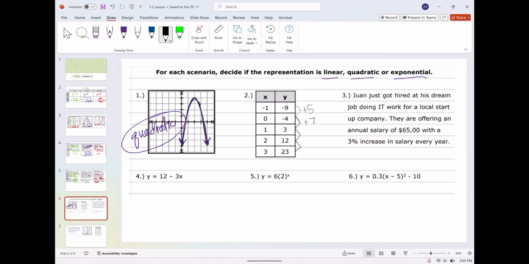So it's not linear, it's not exponential, so we're going to hope it's quadratic, but let's check it out. From 3 to 12, it's +9, and from 12 to 23 is +11.